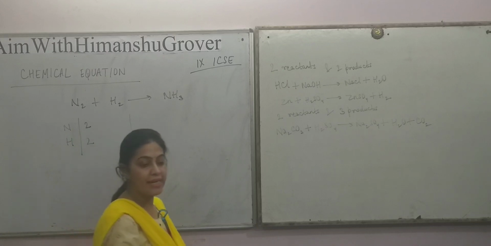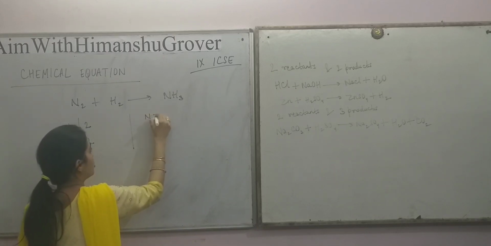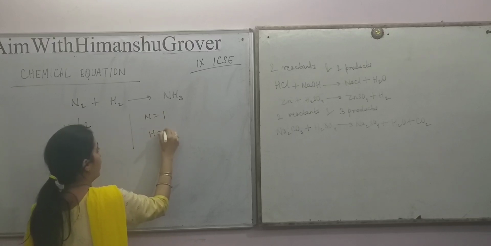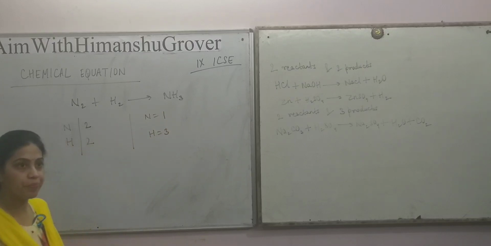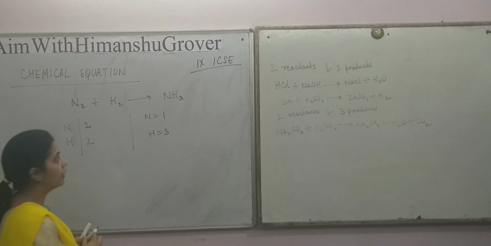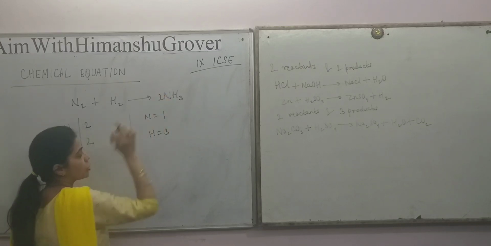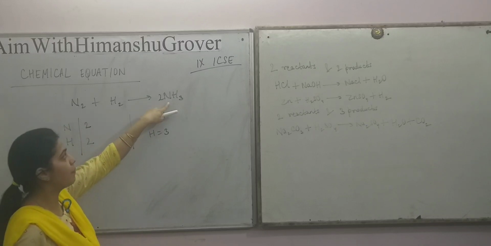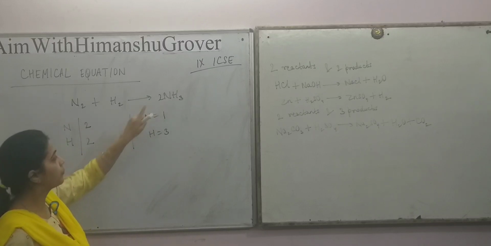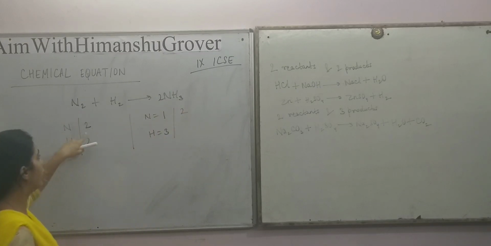On the right hand side, the number of nitrogen atoms is 1 and hydrogen atoms is 3. So first of all we balance the nitrogen atoms. To balance nitrogen, we must write 2 before NH3. NH3 से पहले हम क्या लिखेंगे? 2. So the nitrogen atom also becomes 2 here.